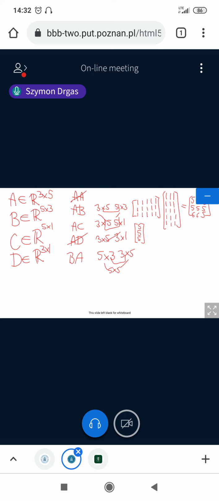And what will be the value of all entries in this resulting matrix? Yeah, so now we will obtain a 5 by 5 matrix with all entries equal to 3.